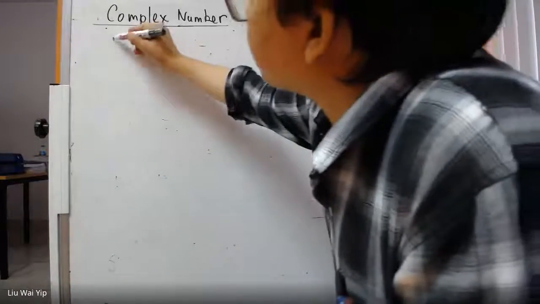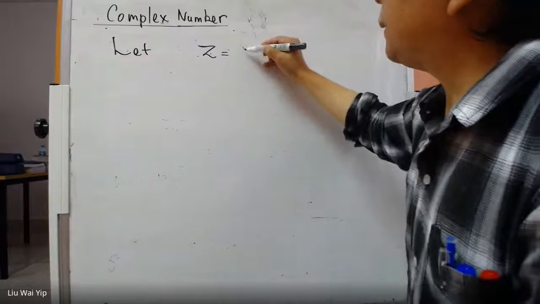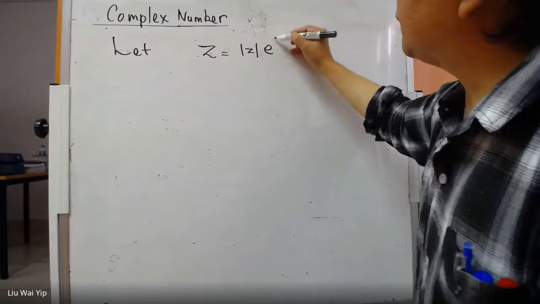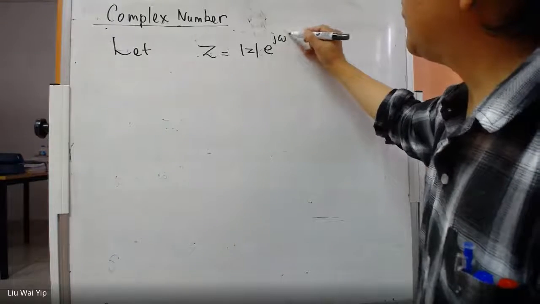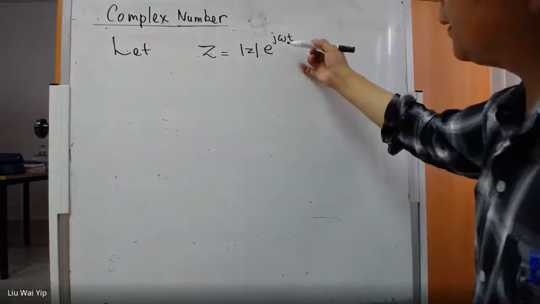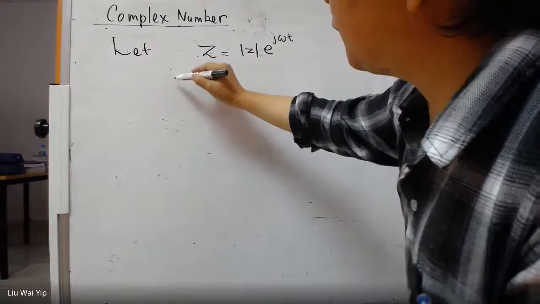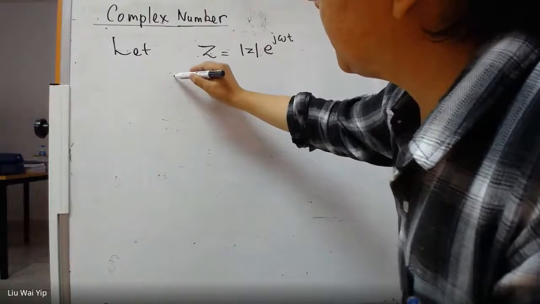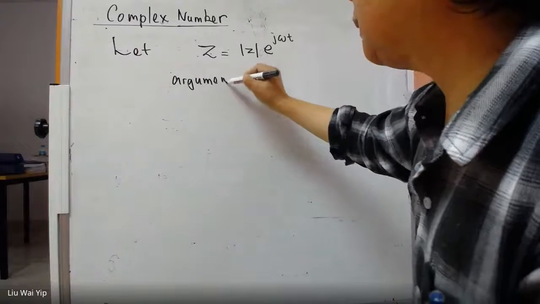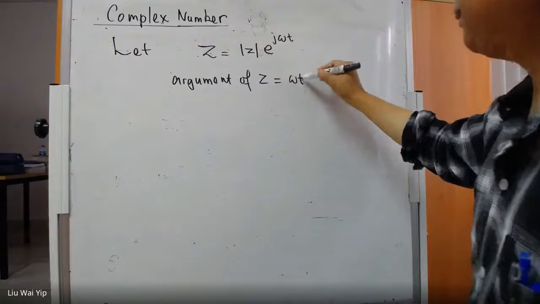Suppose Z is equal to the absolute value of Z times e to the j omega t. So this is a complex number. The modulus of Z is given, and the argument of Z is going to be omega t.